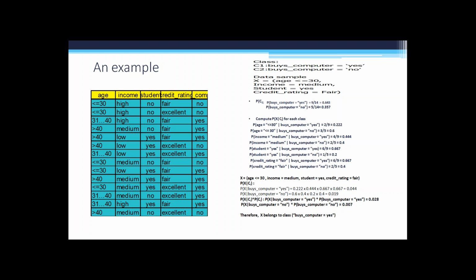Now we try to compute, having observed each class, the different data items corresponding to each variable.